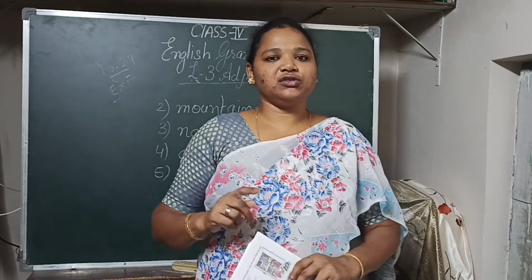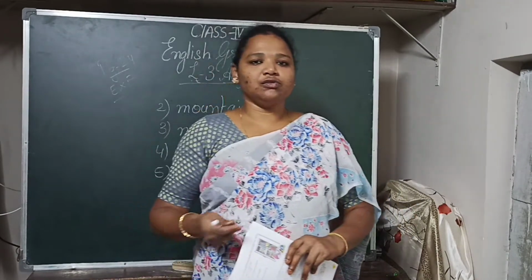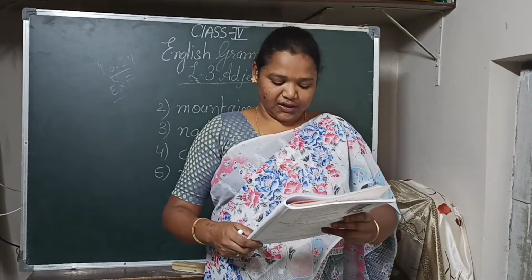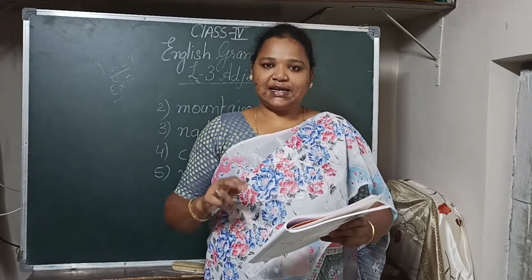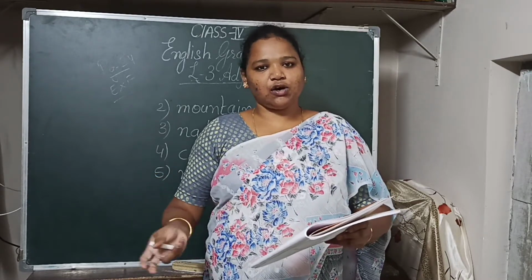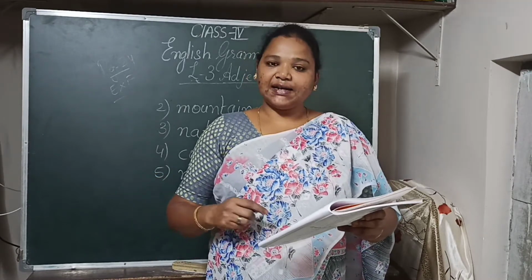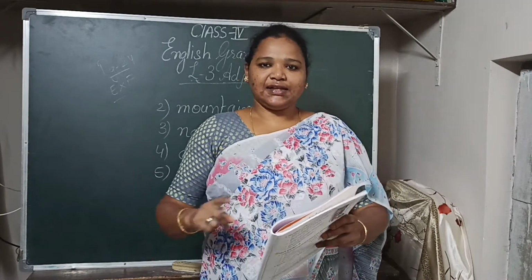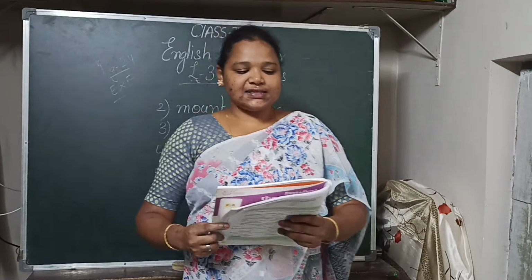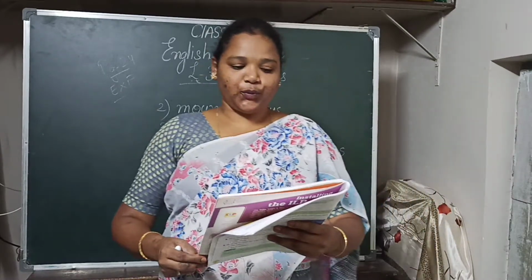Like lucky, by adding un at the start it becomes unlucky, the opposite of lucky. But we can't add less to make luckyless. That is not a proper opposite. Okay, understood, children?